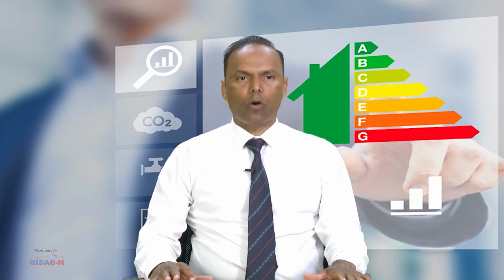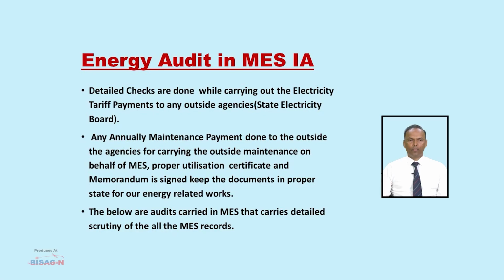So now to talk about energy audit in MES, that is in the various installations. One, detailed checks are carried out while making electricity tariff payments to any outside agencies, maybe the state electricity board or some other private source. Annual maintenance payment is also made to outside agencies for carrying out maintenance on behalf of MES.